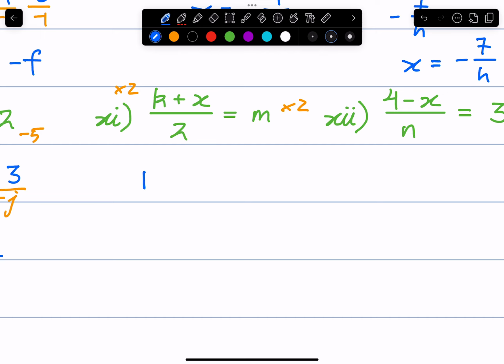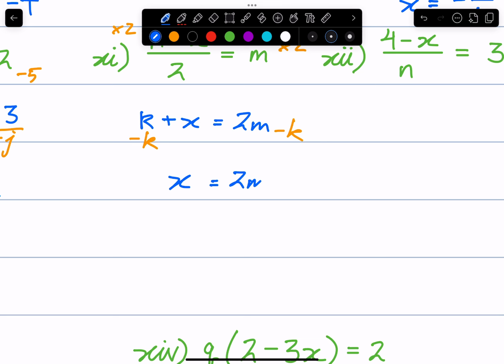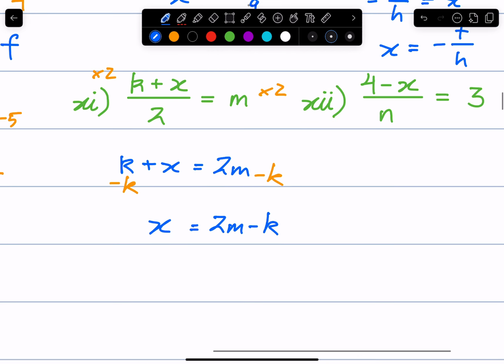This leaves us with k plus x equals 2m. And simply now we can subtract k, which leaves us with positive x equals 2m minus k. And that's the solution to this question.